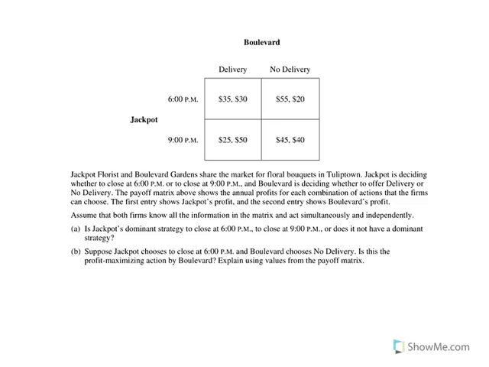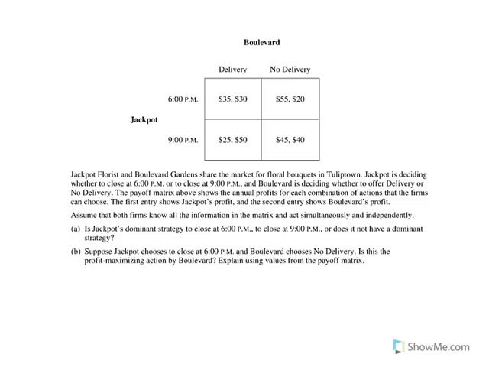For letter A, we've got to figure out what Jackpot's dominant strategy is, if it has one. The way to think about this is to pretend you're Jackpot, and you're going to make a decision based off of what Boulevard does. If Boulevard decides to deliver, we either get $35 by closing at 6 or $25 by closing at 9.